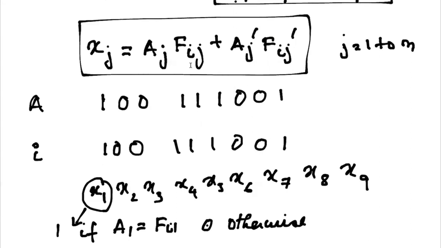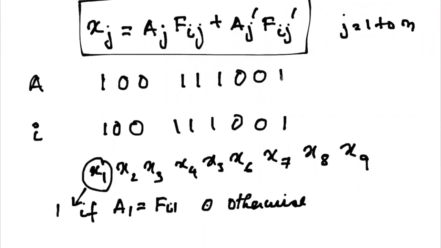This can be captured using this particular Boolean function. Using this Boolean function, I can represent whether the bits are matching or not matching. So let's take the first bit.